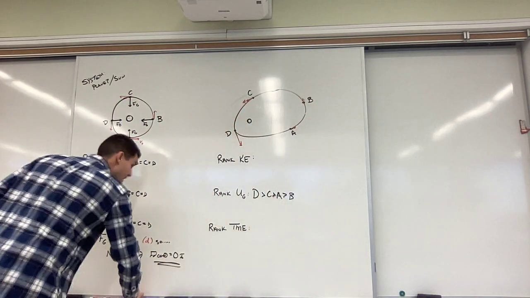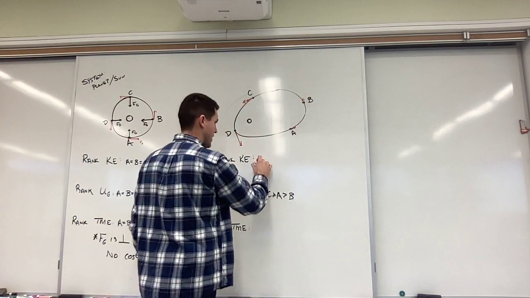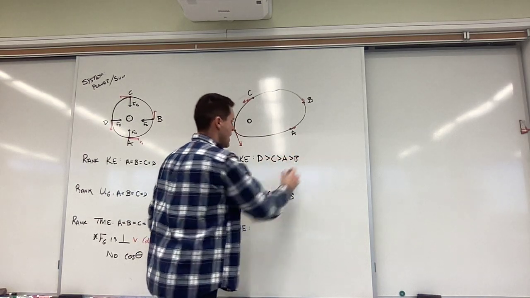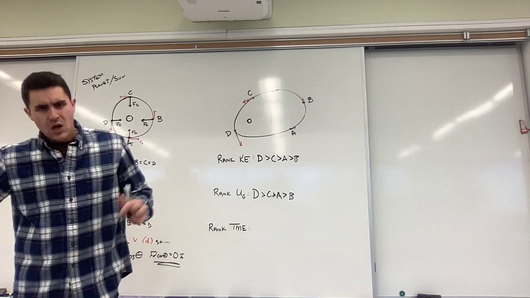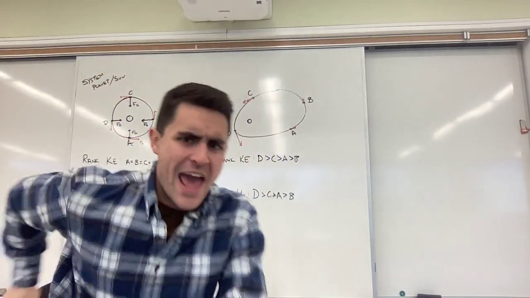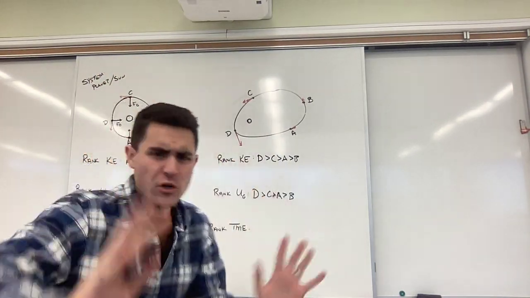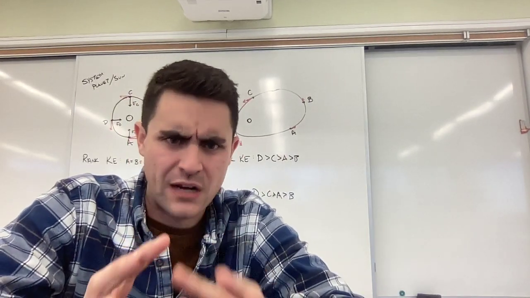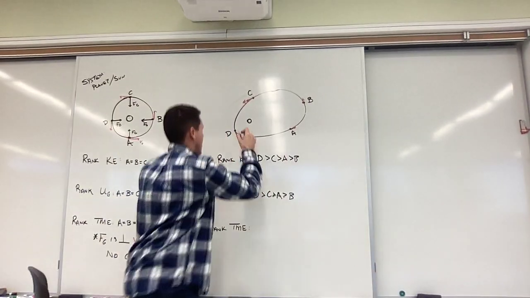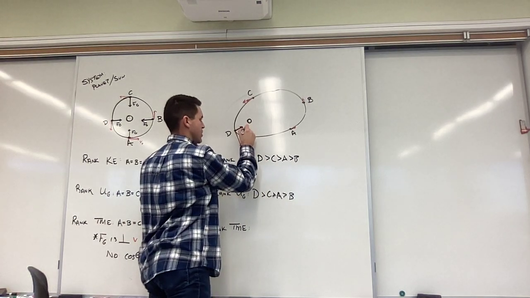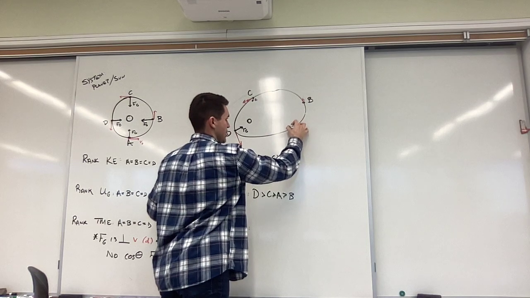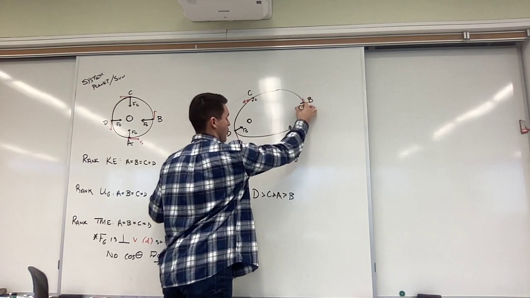So when I go to rank my kinetic energies, I know that the kinetic energy at D is greater than C, is greater than A, is greater than B. But hold the phone. What you're telling me is that there are no outside forces. The only force that acts on this planet is gravity, Fg, which is really big there, and smaller there, and so on.